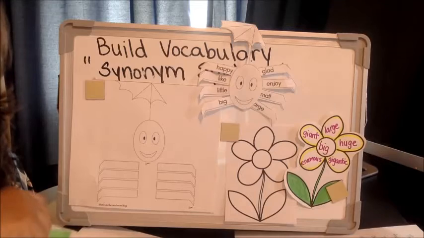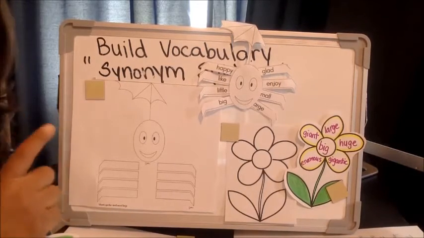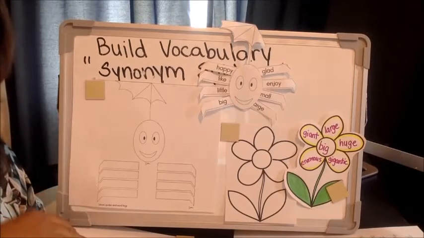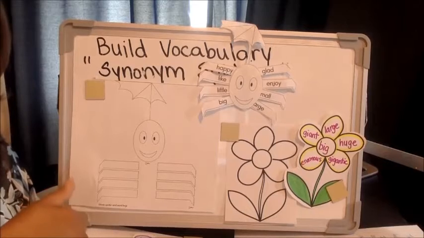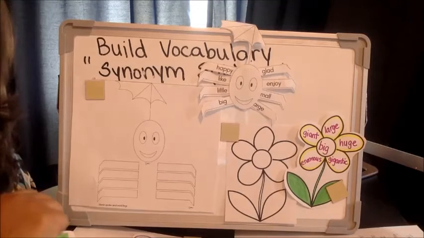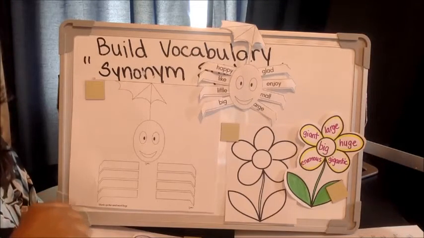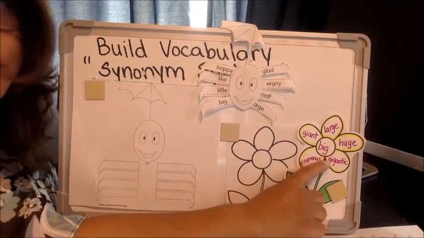And if you're looking for even more of a challenge for your child, you might want to take one of those very basic words that sometimes gets overused, words such as big, nice, fun, good, bad, little, and do an extension activity where they take just one of those words and put it in the center of our flower template.